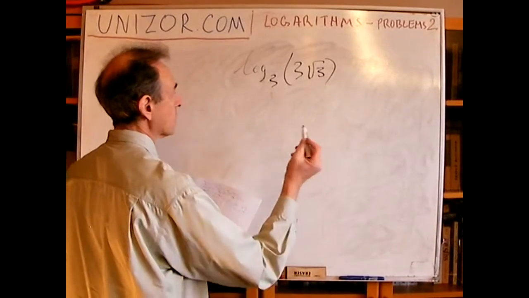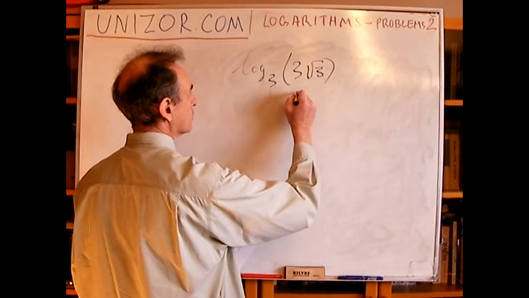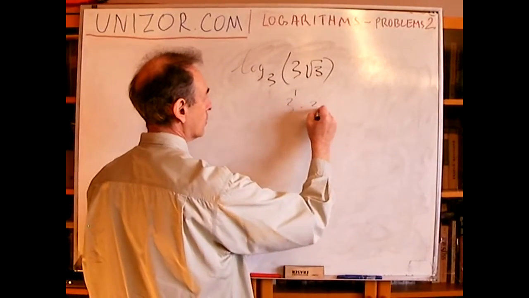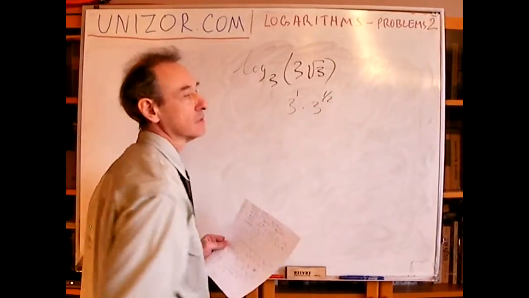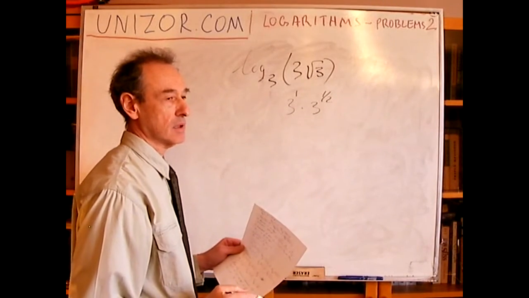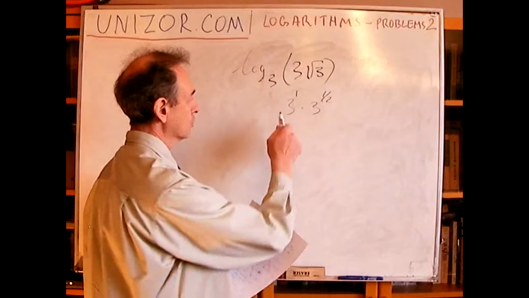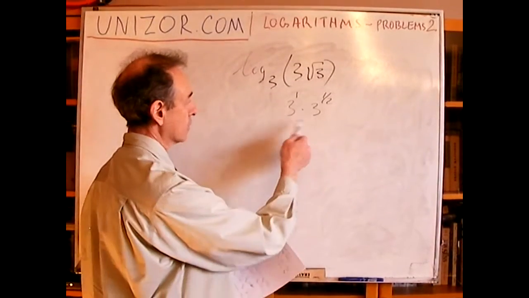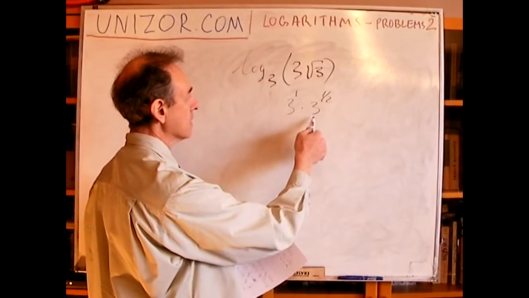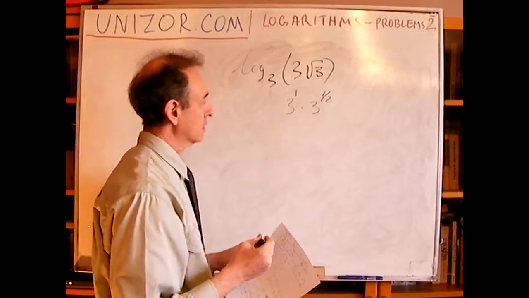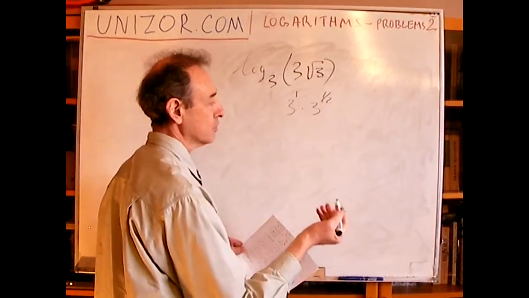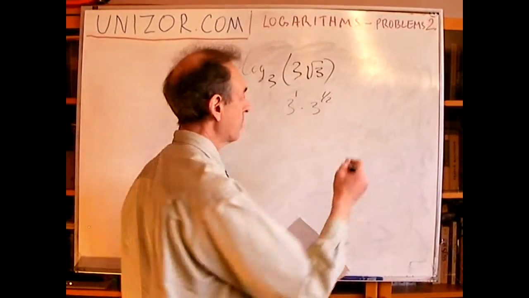Well, that's very easy to do. 3 is 3 to the first power. Now multiply by square root of 3, which is 3 to the 1/2. Now, whenever we have two numbers which are exponents with the same base and different exponents on the top, what you have to do is add up the exponents.